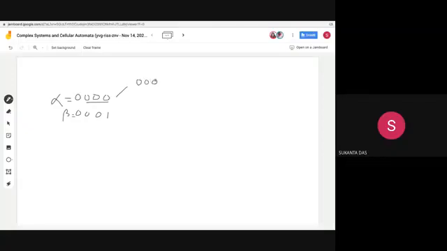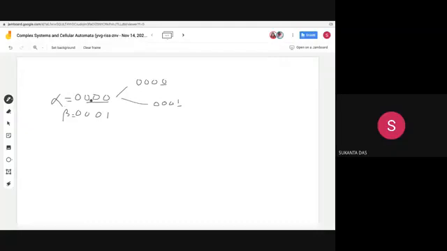After shifting one bit, I have to fill up the next position with any symbol from this S. In my S there are two symbols, 0 and 1. So here I am putting 0, and I get this one, and again this 0, 0, 0, and this 1, right?